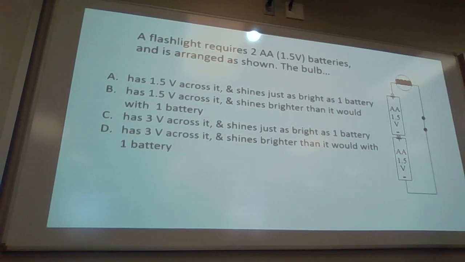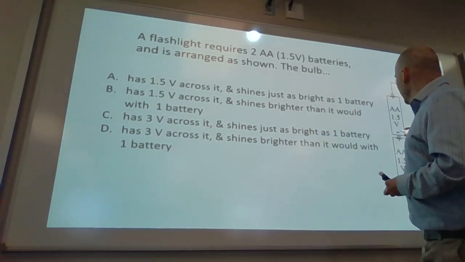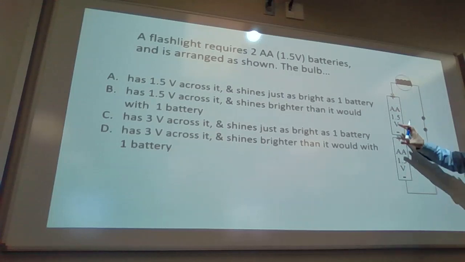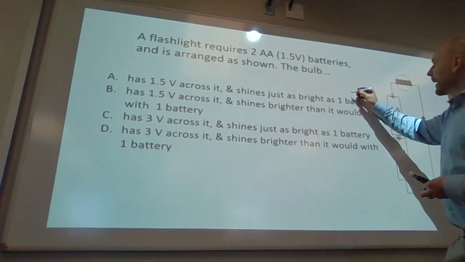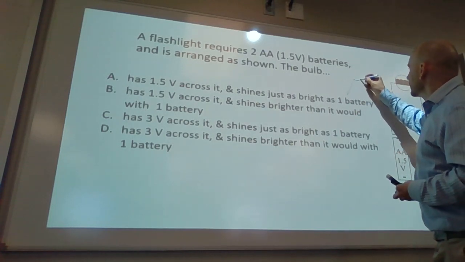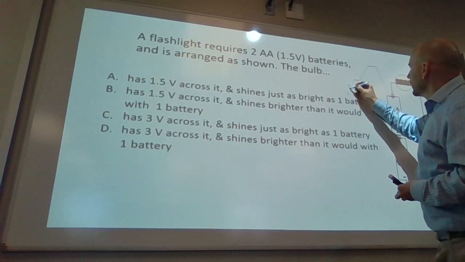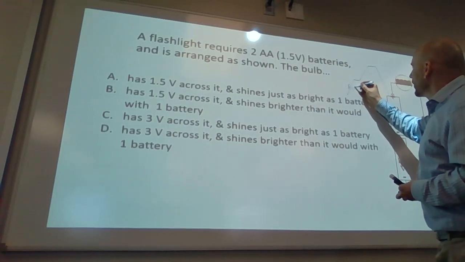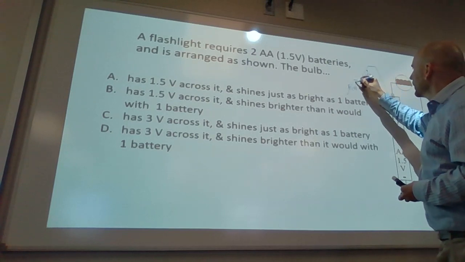All right, let me just tell you. So we're adding 2 batteries or power supplies in series. That's like having 2 ladders. So you have a 1.5 volt gain and a 1.5 volt gain.